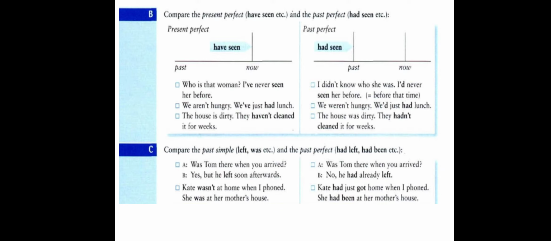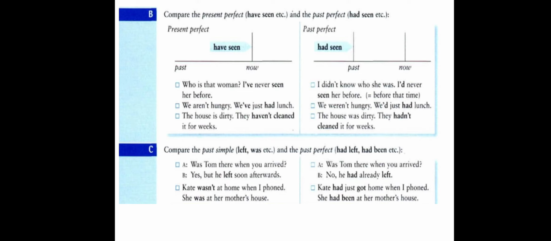So we say we had just had lunch. The first had is the auxiliary verb, and the other had, which comes after just, is the past participle of have, meaning eat. The past participle of have is had. So it becomes we had just had lunch.